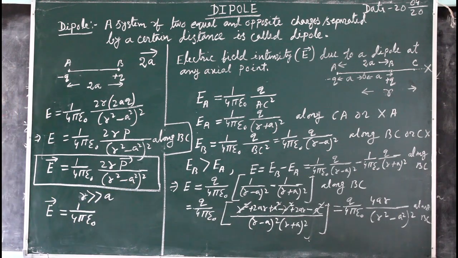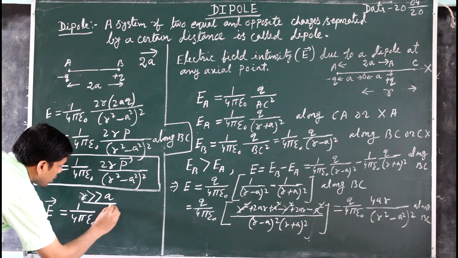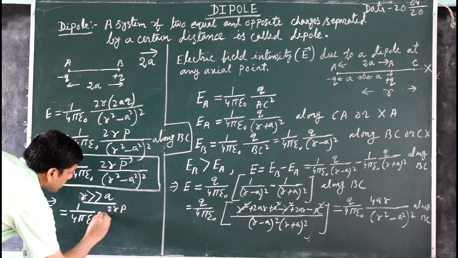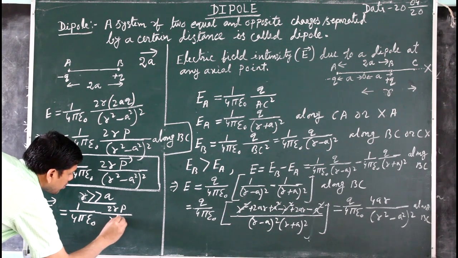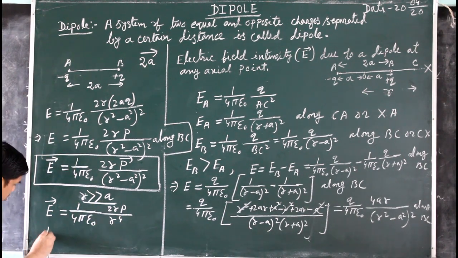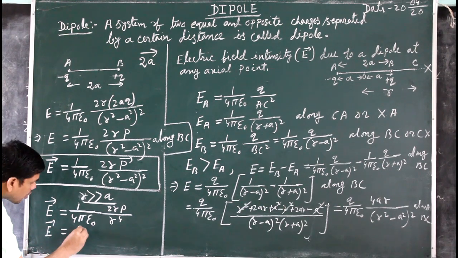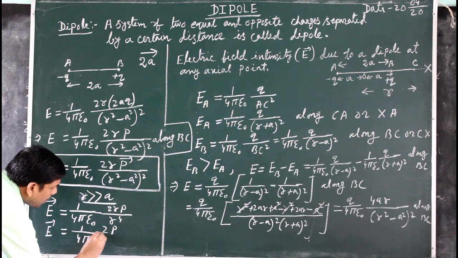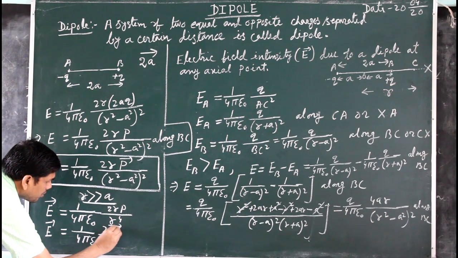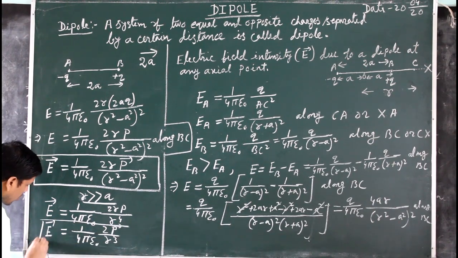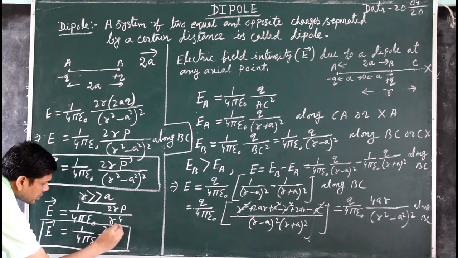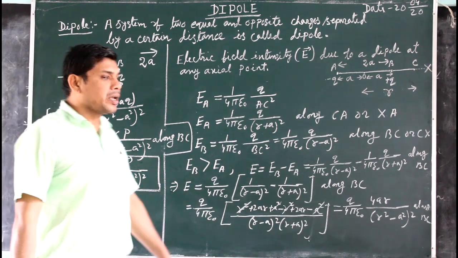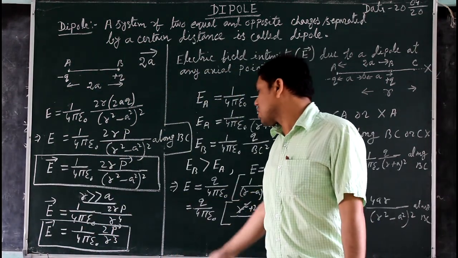So we can ignore this a square term with respect to r square because it is a short dipole. So we can write 2rp by r to the power 4. So one r will be cancelled. So vector E equal to 1 by 4 pi epsilon naught 2 vector p by r cube. This is the expression of electric field intensity due to a short dipole at an axial point at a distance r.